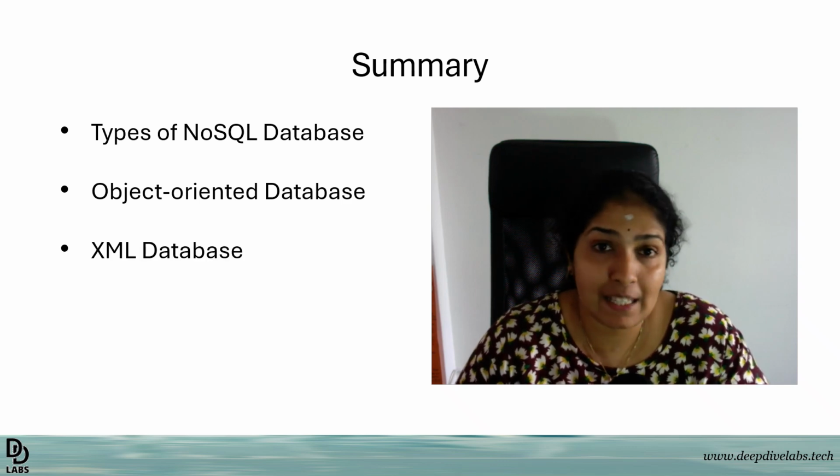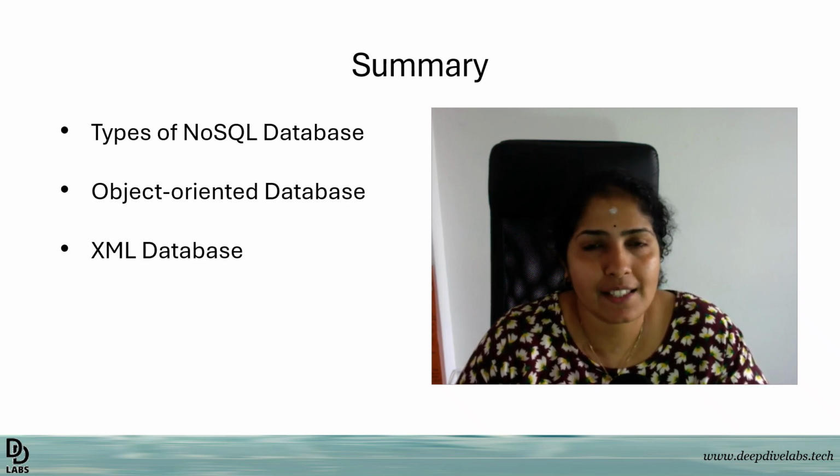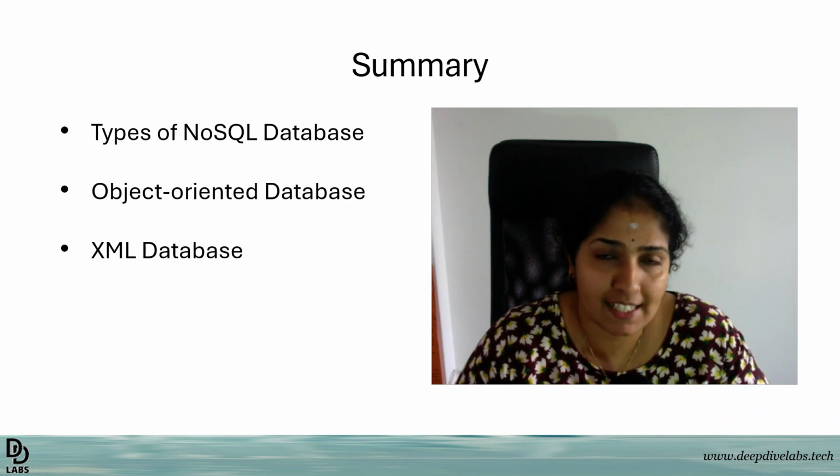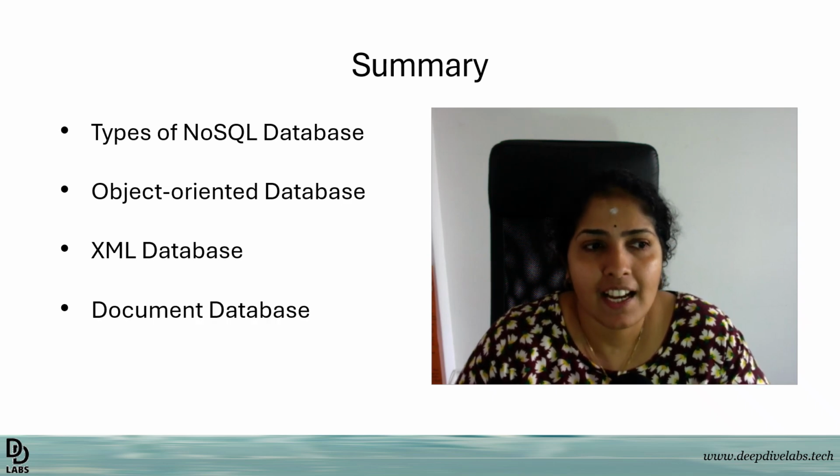Then you have the XML database. So we looked at XML-enabled databases and native XML databases, which are essentially XML files, and then looked at document databases and their advantages and disadvantages.